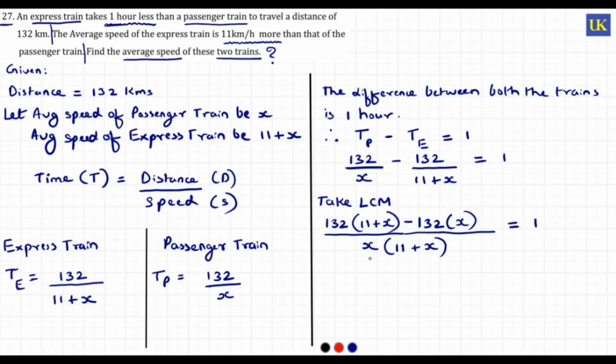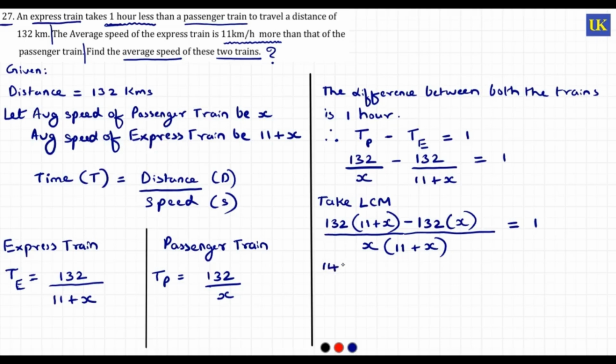Now we will solve it further. Okay, now what we will do? 132 I will multiply once with 11, then I will take 132, I will multiply once with x, and here 132 into x I will do directly, and even in the denominator I am going to do the same thing, x into 11 and x into x. So we will start.